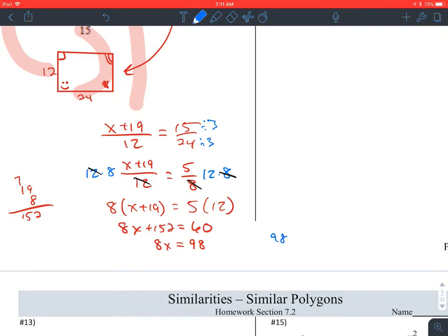Make sure I subtracted right. 98 plus 152 is 160. That's 260. I'm sorry.